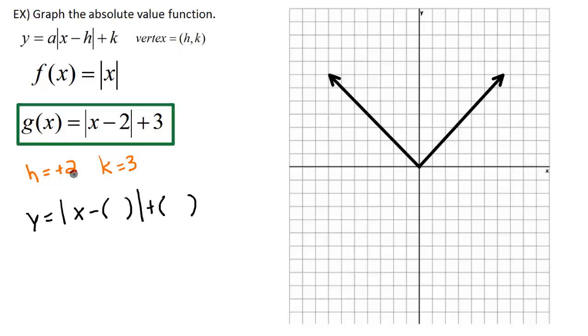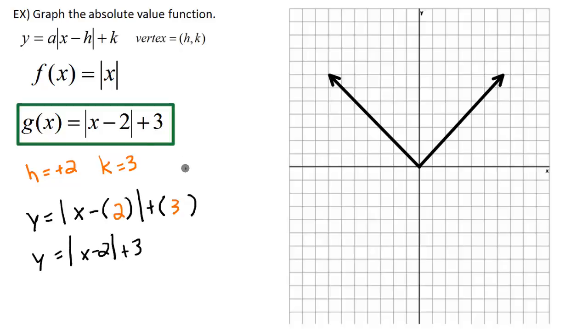So if I enter in 2 and 3, which is my h and my k, I'm going to get y equals the absolute value of x minus 2 plus 3. So that's exactly what we have.